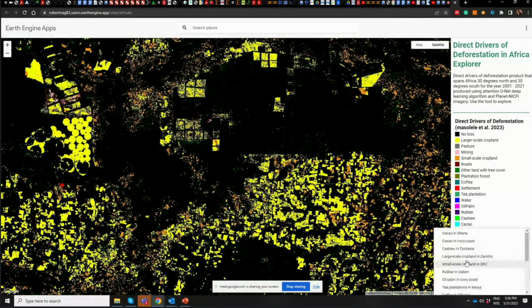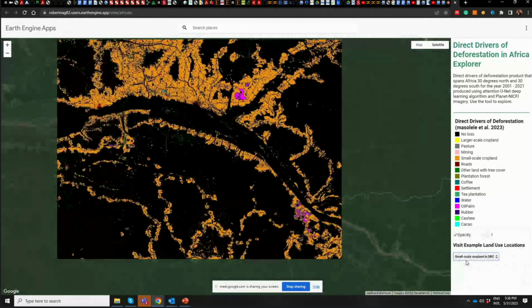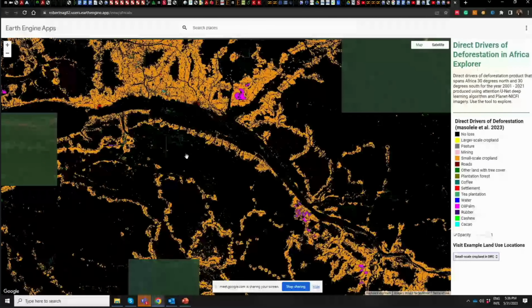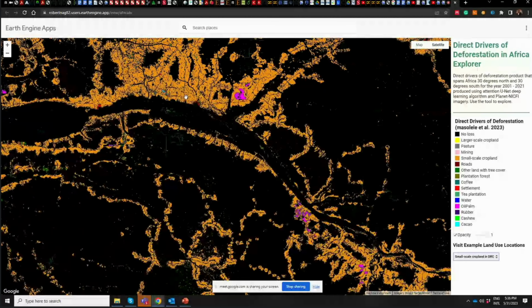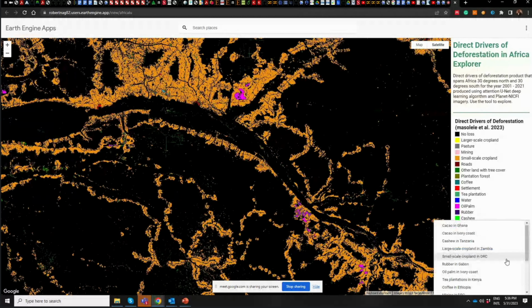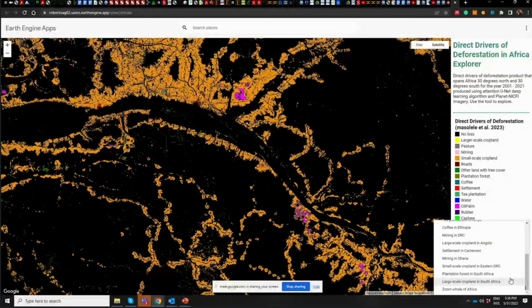But also in DRC, you have a lot of small-scale cropland as a leading driver of deforestation, and of course you can also see some chunks of oil palm in between them. So this is basically for visualization, and you can take time to see it, enjoy it, and see what kind of driver is taking place in different parts of the continent.